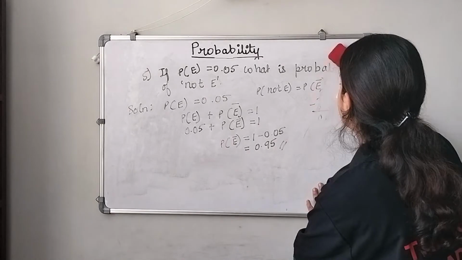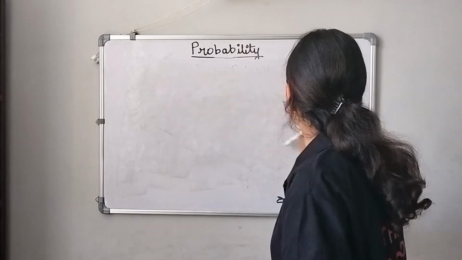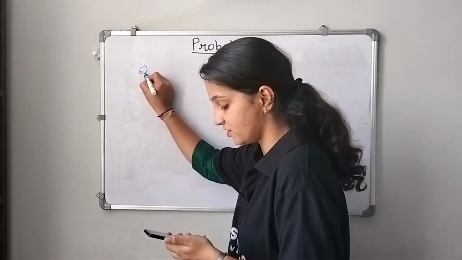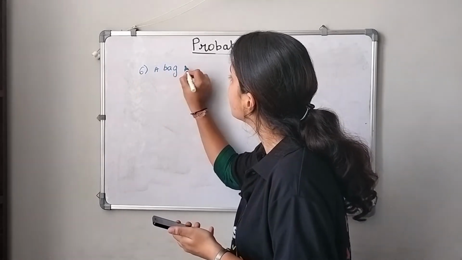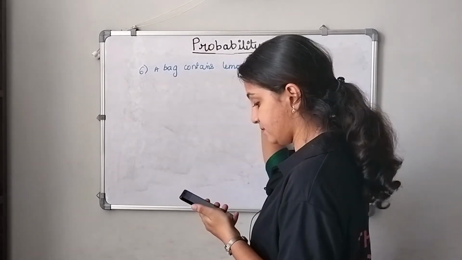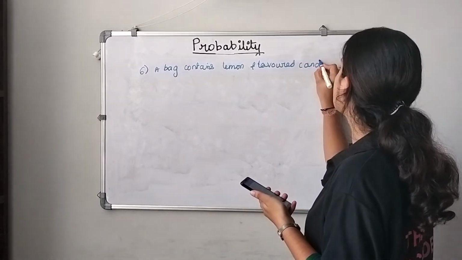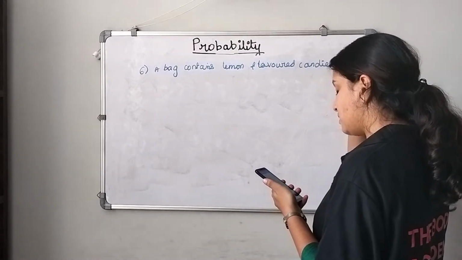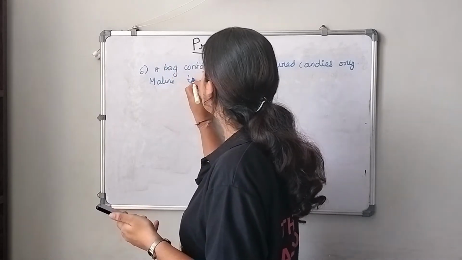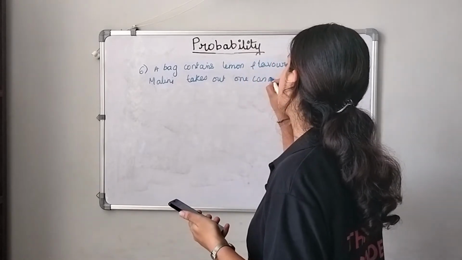We will move to the next question. Now we'll see the sixth question. A bag contains lemon flavored candies only. Malini takes out one candy without looking.